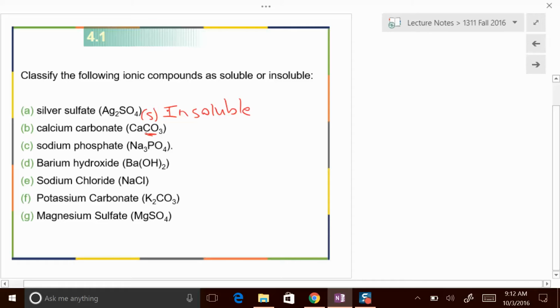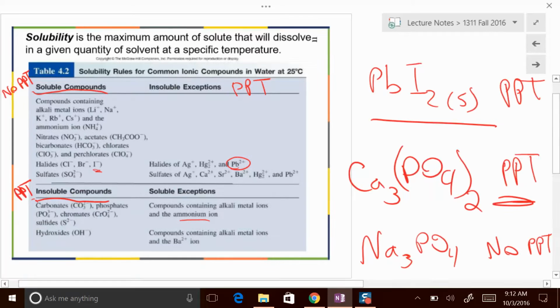Okay. Oh, we already did that one. Carbonates are insoluble. What about calcium carbonate? Is it one of the exceptions? No, because the exceptions are only in which column? The first column, or ammonium. Okay? Look, they're right here.